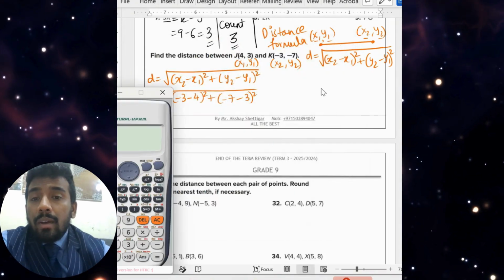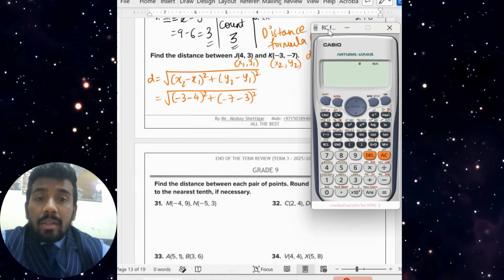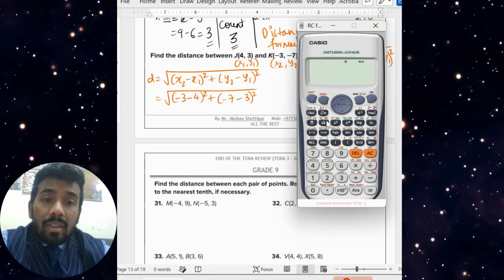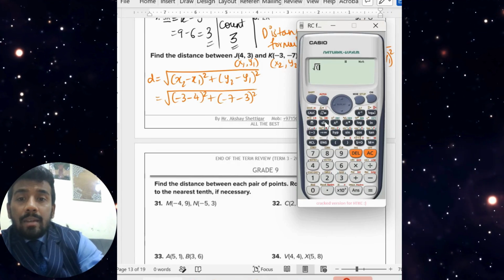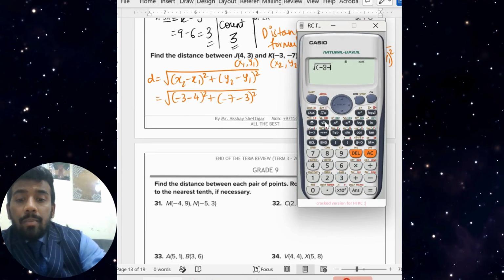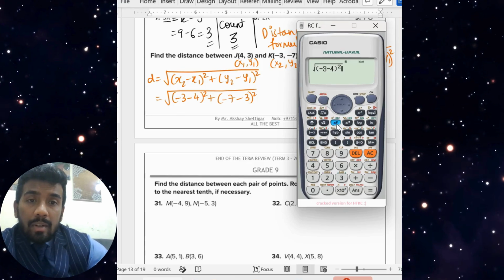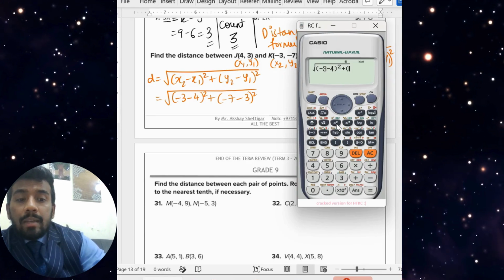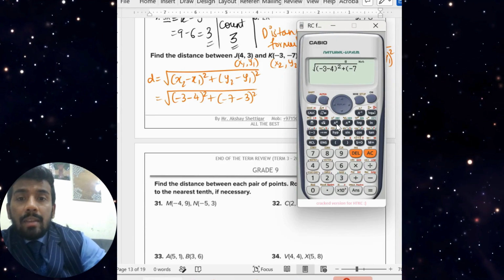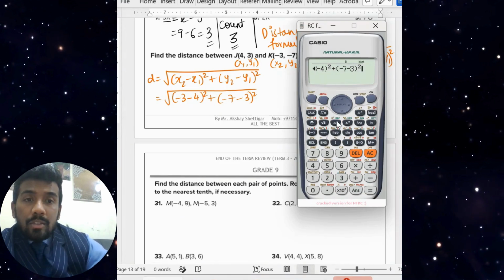When you are putting it in the calculator, you have to be extra careful because there is a root, brackets and everything. First put root, then bracket, then minus 3 minus 4, bracket, power 2, plus bracket, minus 7 minus 3, bracket, and then square.